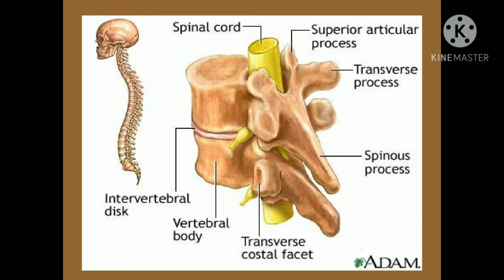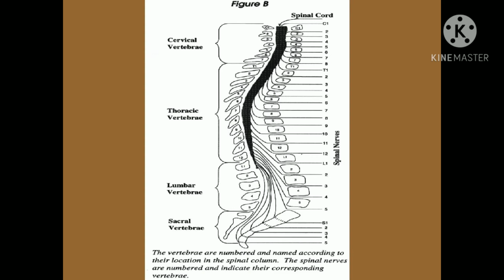Now coming to this figure, the vertebrae are numbered and named according to their location in the spinal column. The spinal nerves are numbered and indicate their corresponding vertebrae. In the figure we can see the numbering and naming clearly.